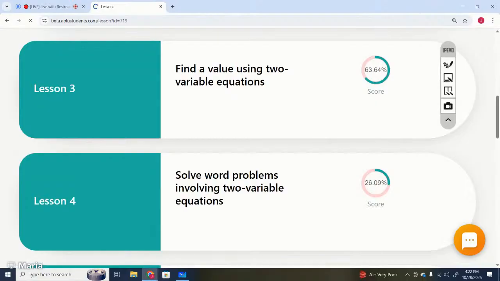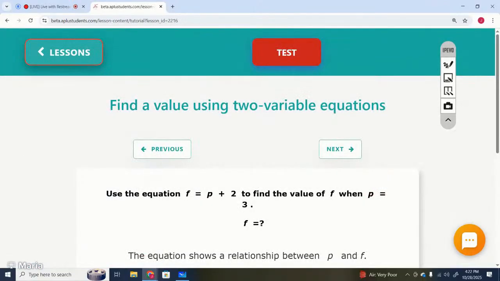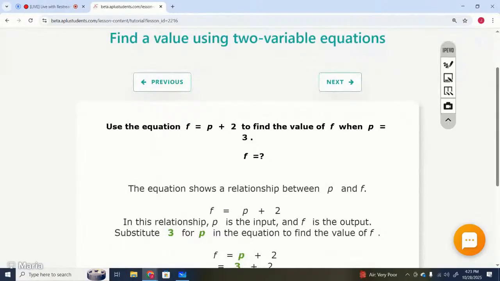Find a value using two variable equations.